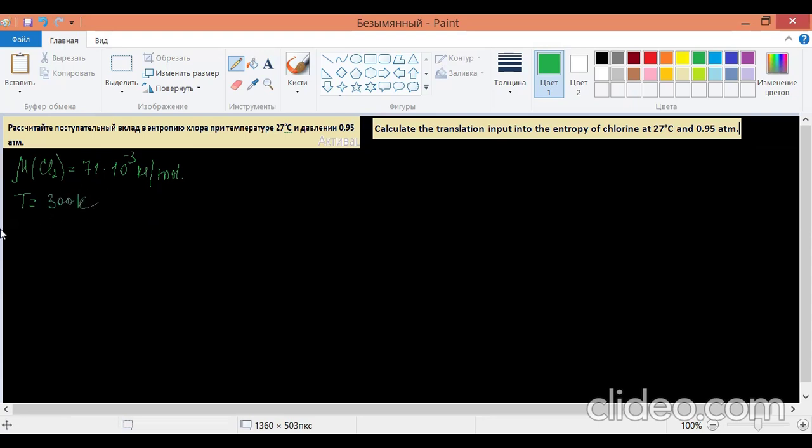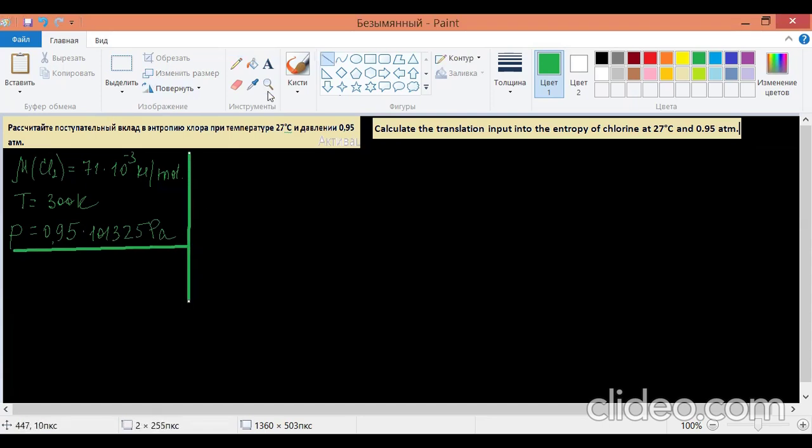And we've got pressure, 0.95 atmospheres, and we convert it into pascals by multiplying this value by 101,325 pascals.